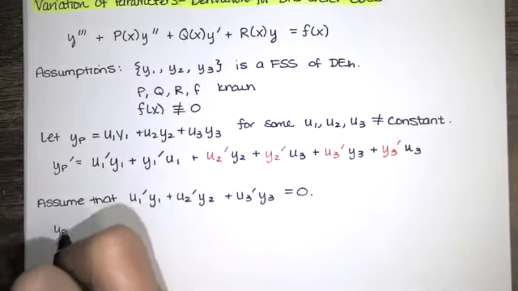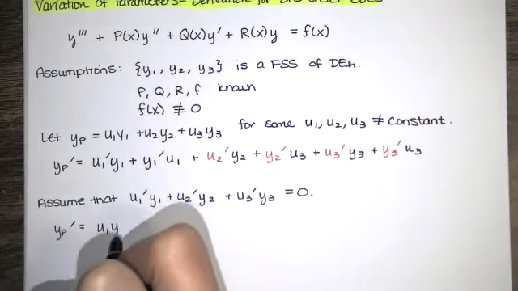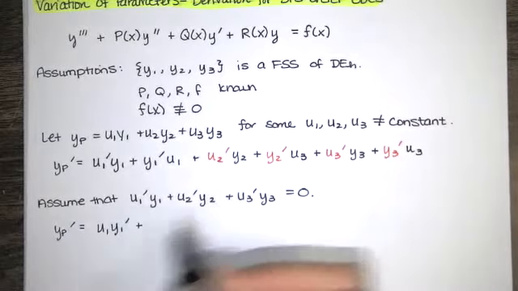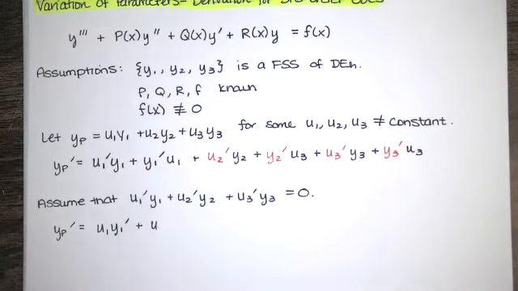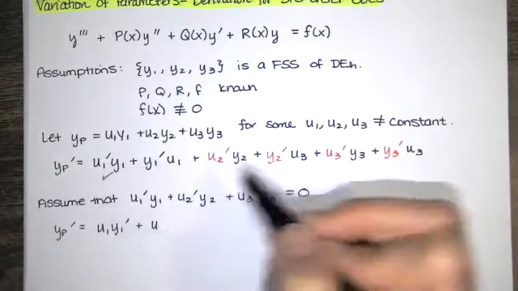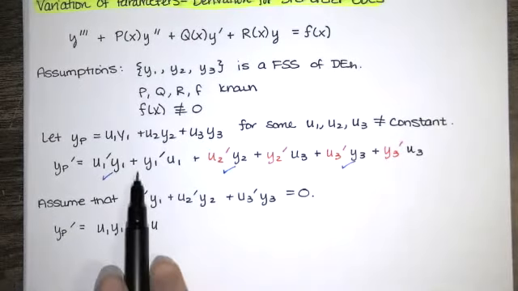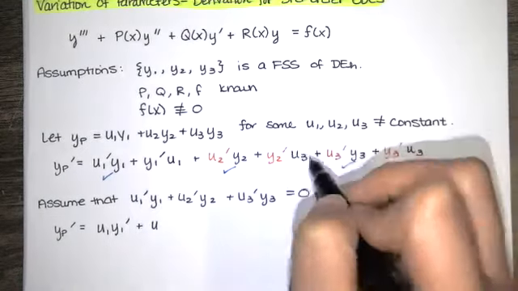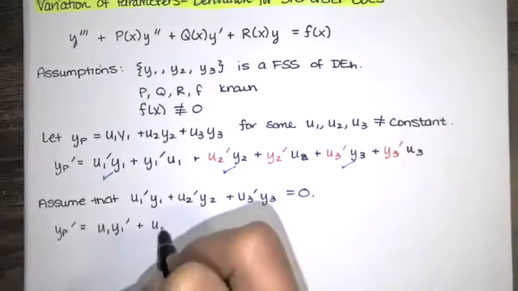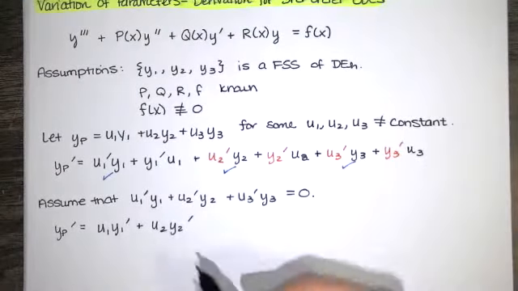Then under that condition, we've got u1 y1 prime plus u2 y2 prime, and then u3 y3 prime.